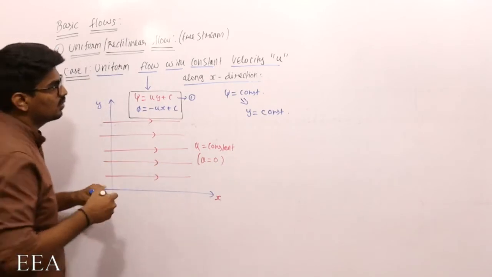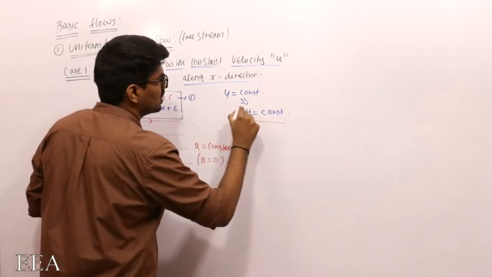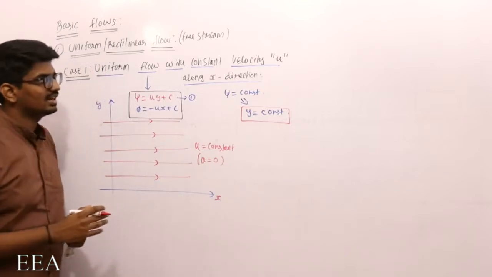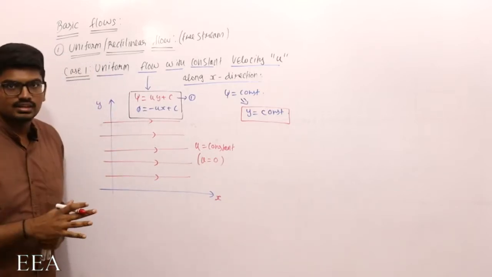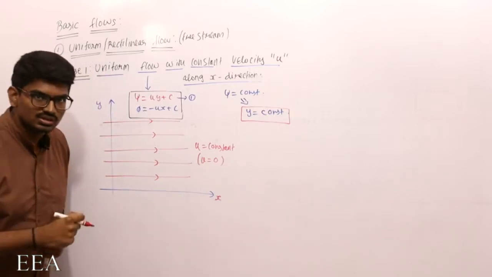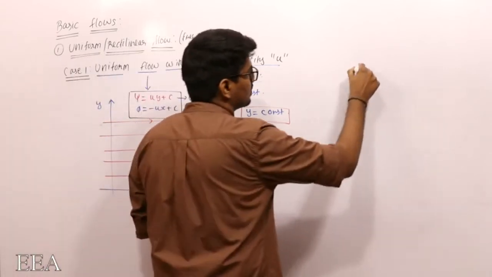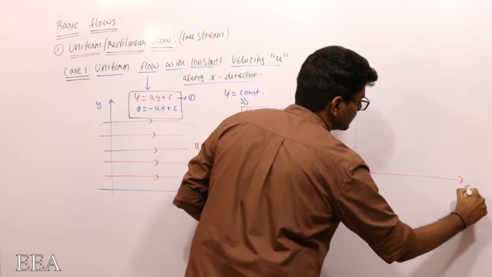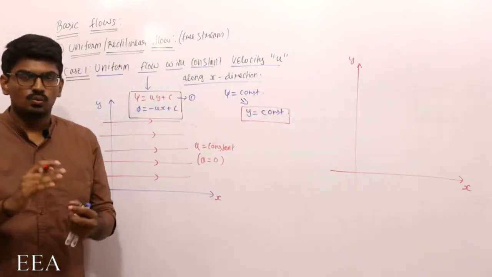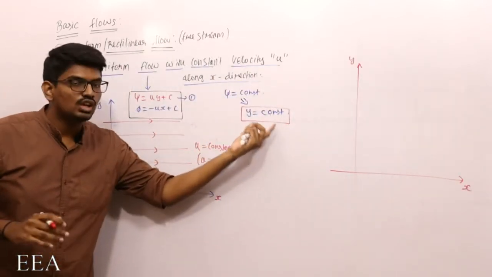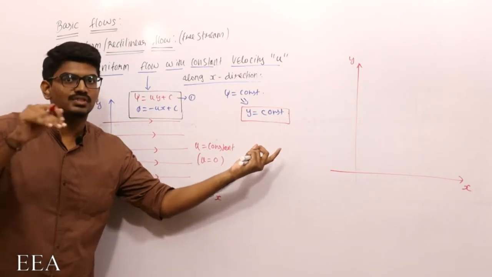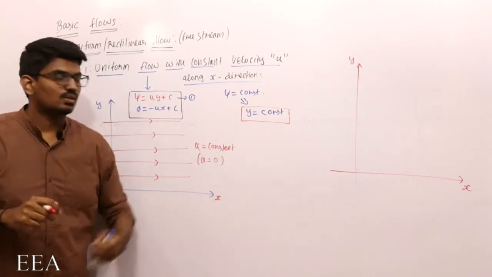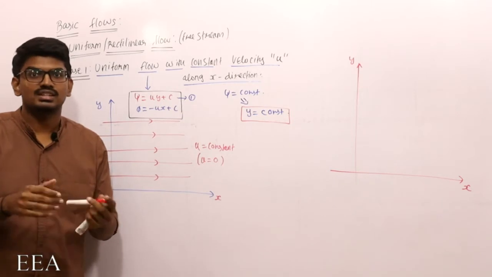So how does a constant stream function line or streamline look? Simple. If I plot it, this is y, this is x. Y is equal to constant is the equation of our constant stream function line. So y is equal to constant means what type of lines will I get?